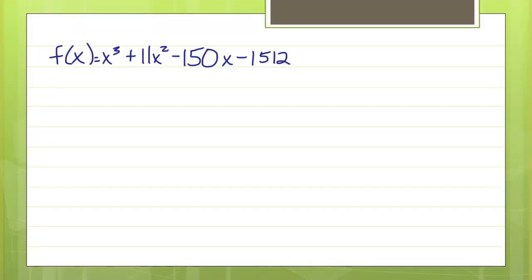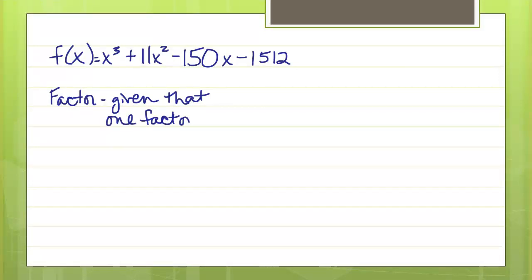So here's a polynomial function. I could ask you the same question in two different ways. I could ask you to factor, given that one factor is x plus 14, in which case I'm going to look for the other factors, and there's a few different ways to do that.